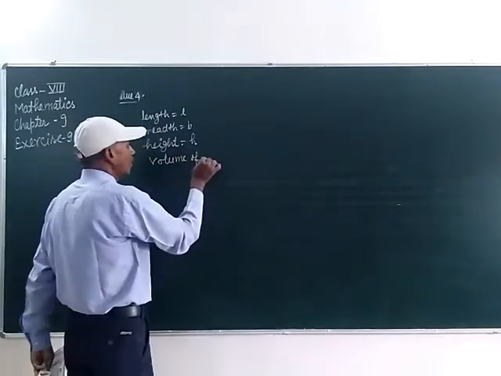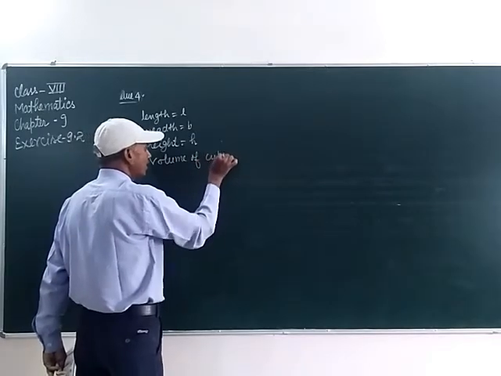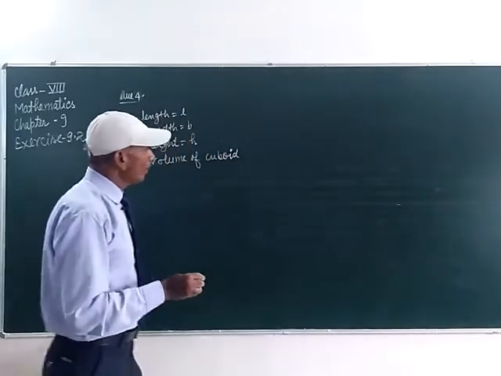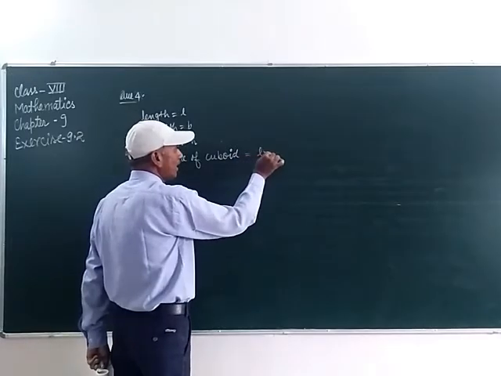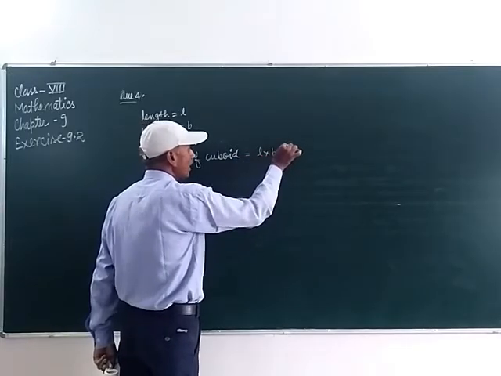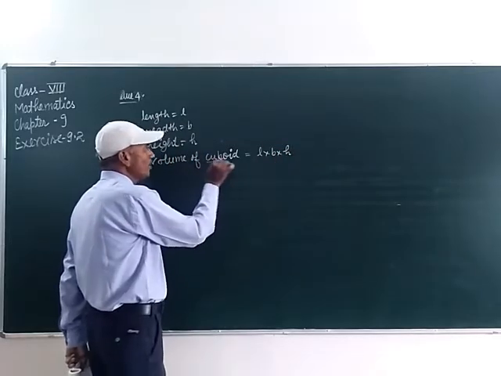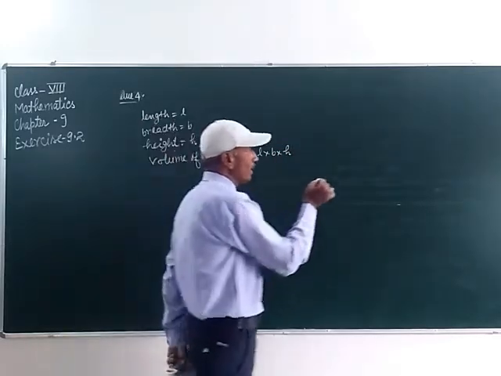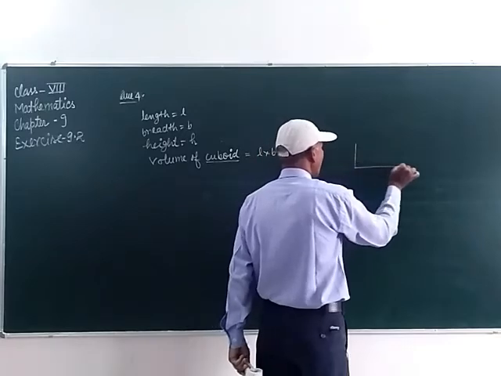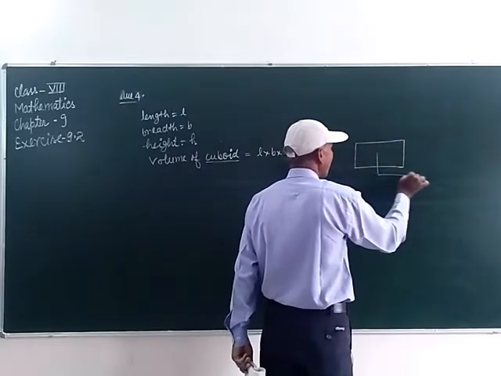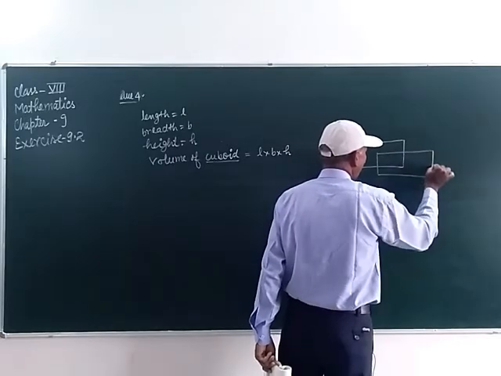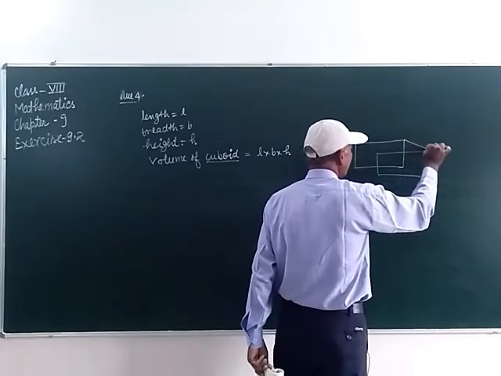So volume of cuboid is equal to L into B into H. Cuboid, you know, student, it means a solid figure like this, student.